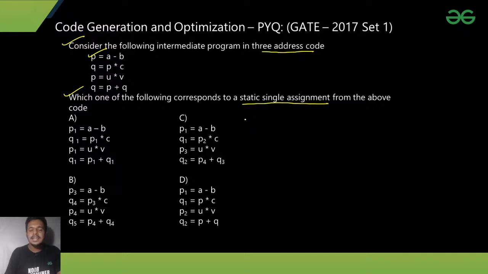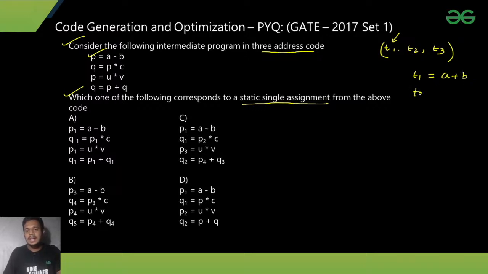Static single assignment means, in the temporary variables, suppose in our 3 address code we use multiple temporary variables. In case of all temporary variables, we can assign a value to a temporary variable only once. Suppose t1 is equal to a plus b.